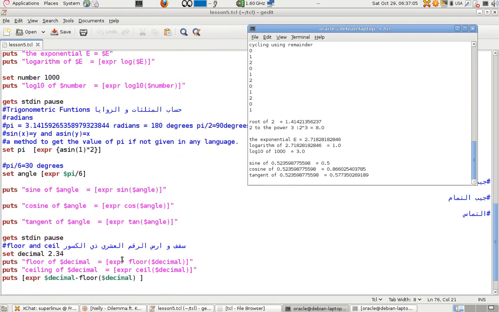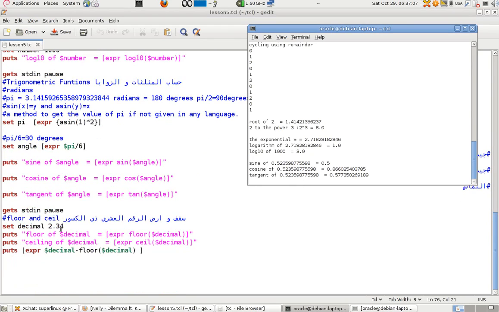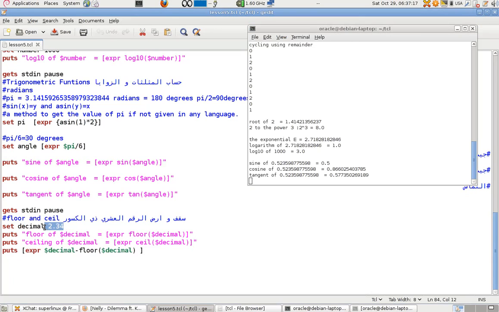Now moving on to something else. If I have a decimal number like here, 2.34, I want to get the next exact integer bigger than 2.34.